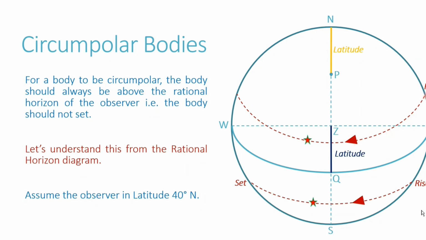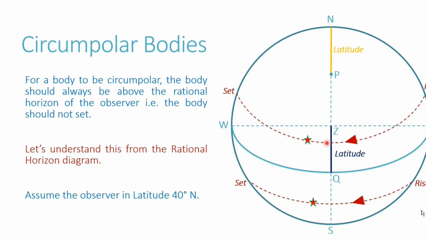The body will be rising at this particular point, moving in this particular direction, crossing the meridian here, and at this particular point the body is going to set. So we saw that even this particular body is not circumpolar. So it is not necessary that with lat and dec of the same name a body should certainly be circumpolar.